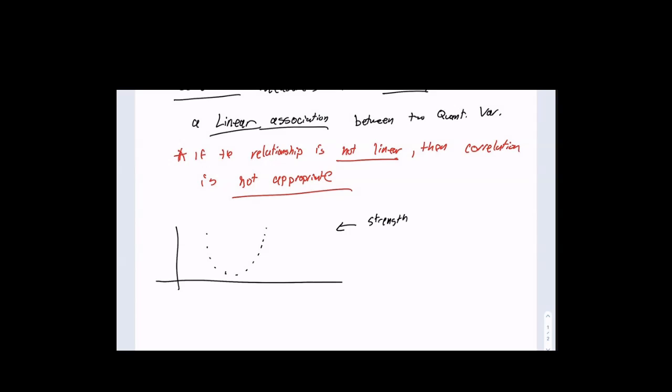How would you describe the strength of this relationship between some variable x and some variable y? Just the strength. Is it very weak, weak, moderately strong, strong, very strong? Those 5 levels.